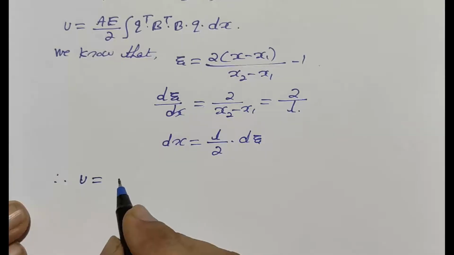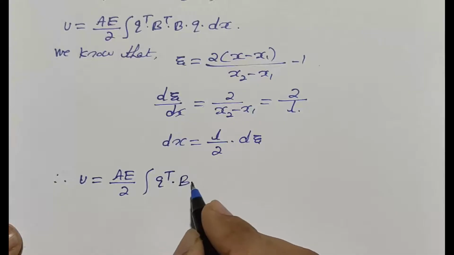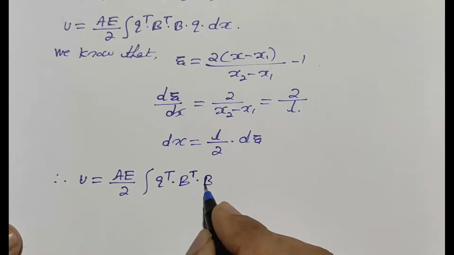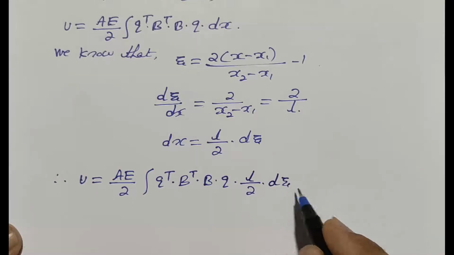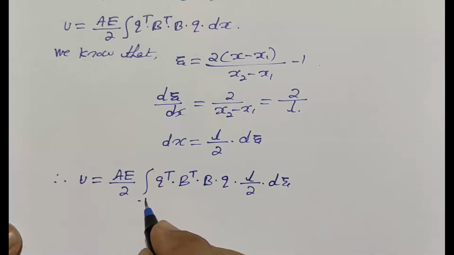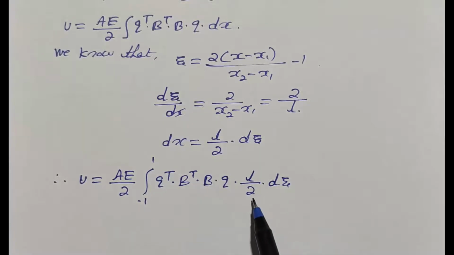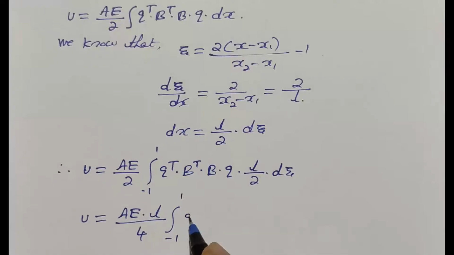This dx, that is L by 2 into d zeta, I will substitute here, therefore U is equal to AE by 2 integration Q transpose B transpose B into Q, dx is L by 2 into d zeta. Here zeta varies from minus 1 to 1, therefore the limit becomes minus 1 to plus 1. This L by 2 is constant, I will take it outside, so U becomes AE into L by 4 integration minus 1 to plus 1 Q transpose.